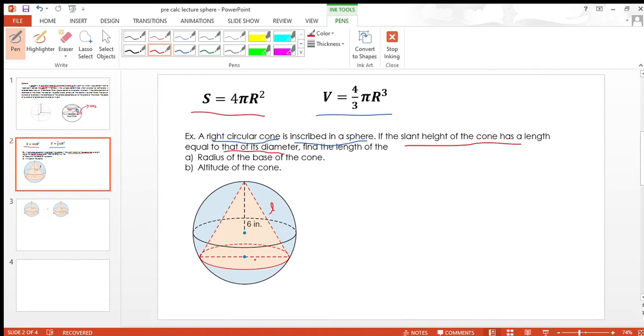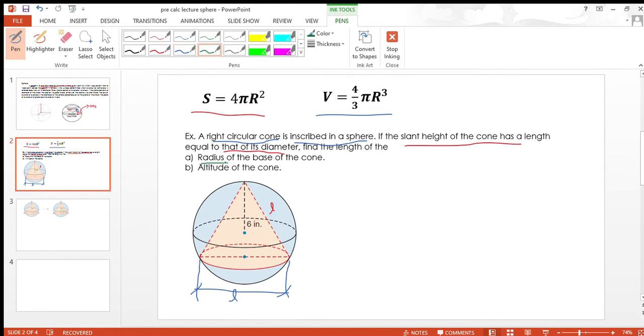And the slant height is equal to the diameter of the circular base. Where is the diameter of the circular base? This entire length here will also be equal to the slant height L, because it's the diameter of the circular base.